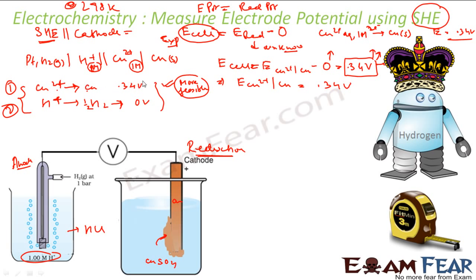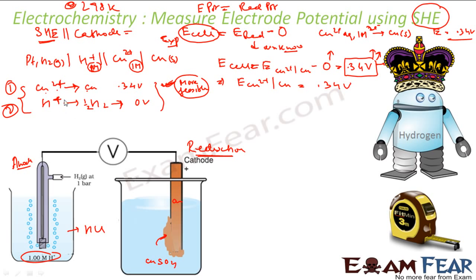It releases more energy. The Gibbs free energy change is more negative. It's more feasible, right? Now I'm talking about reduction. Correct? Hope you understand. That means if you have H plus and Cu2 plus in solution, it is Cu2 plus that will become Cu. It is not H plus that will become H2.